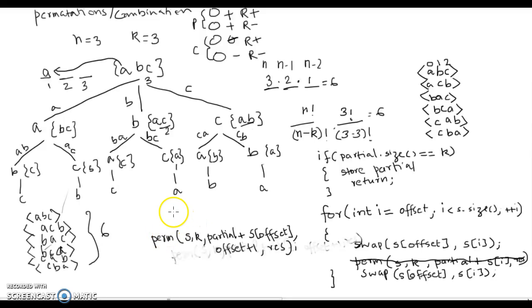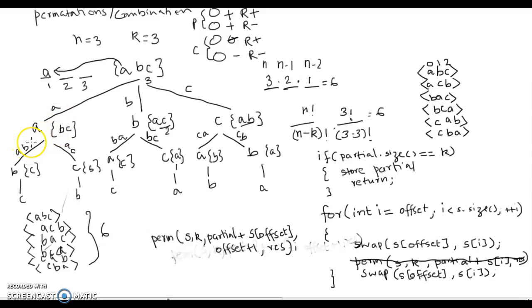So to begin with, let's say the starting offset was 0, right? So what it did was it said, okay, swap the offset 0 with 0. So 0 swap with 0, a swap with a, nothing happens. We appended a here, which is the current offset, and then we incremented the offset by 1.